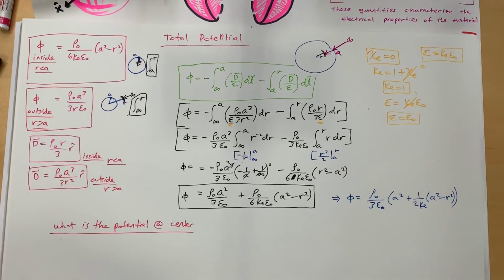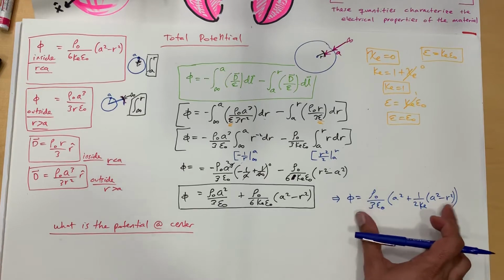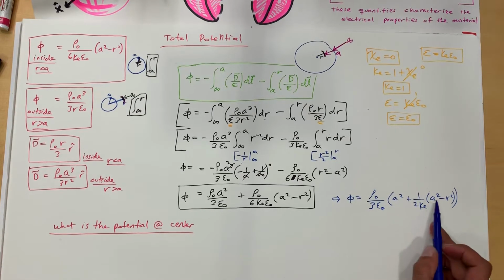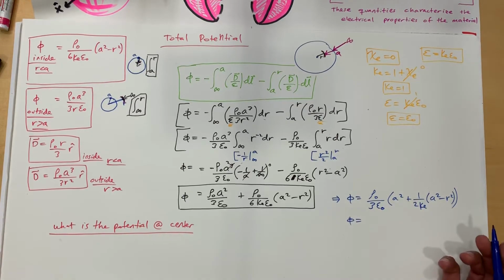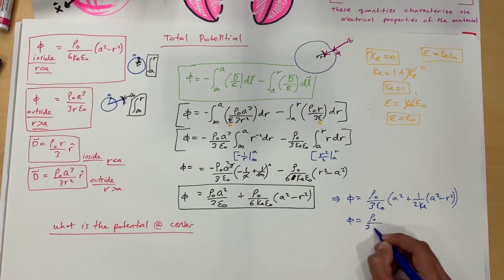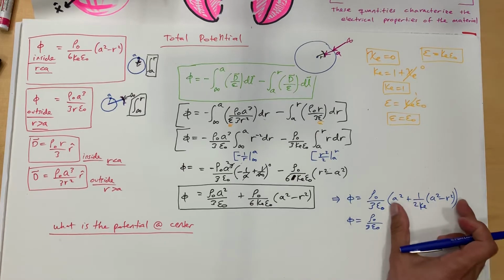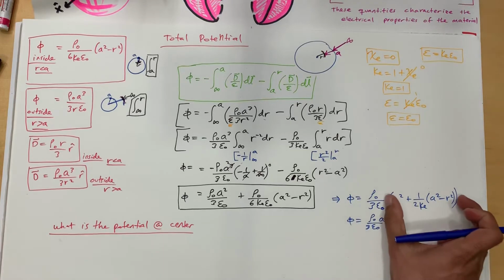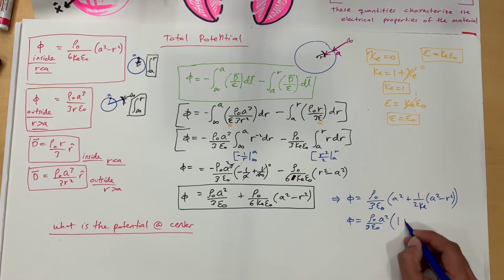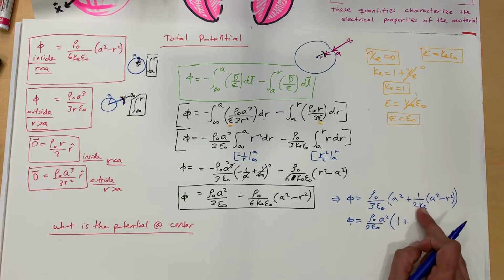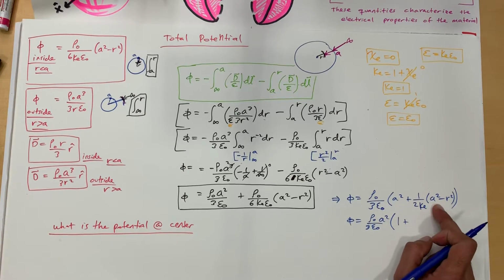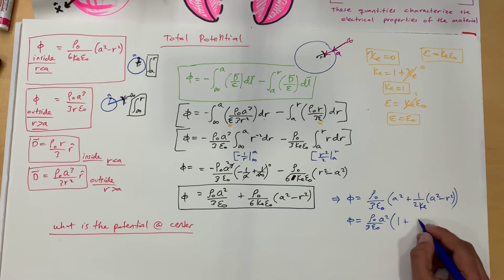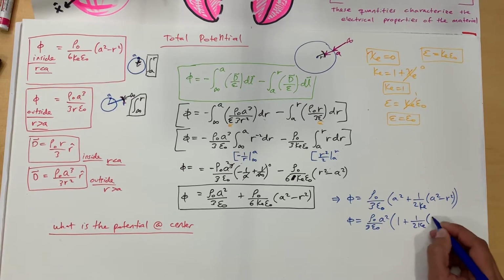Okay, so the last part here, we're going to rearrange this and take out an A squared from this side over here. So just algebra, we're going to take out an A squared from everything. So rho naught over 3 epsilon naught. If I take out an A squared from everything inside these parentheses, what I'm going to have left in this spot is 1 plus this term here, which has an A squared, so that's going to be 1.